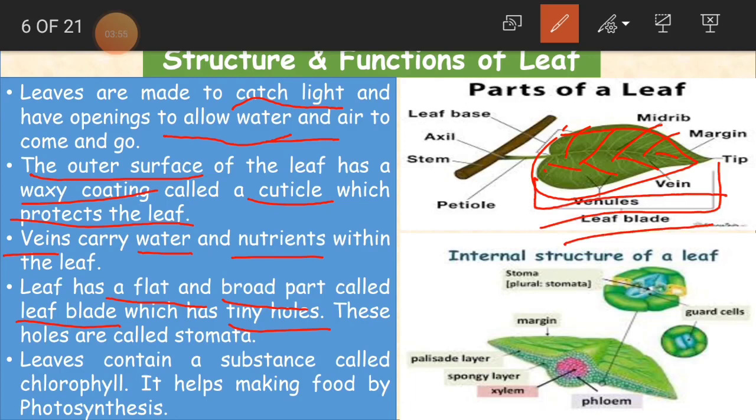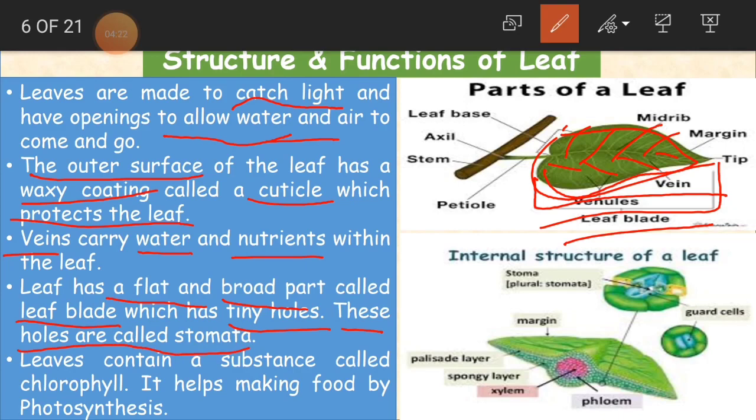This leaf blade has got tiny holes, small holes on it, which we are not able to see. Those are invisible holes, and these holes are called stomata. We learnt it before also.